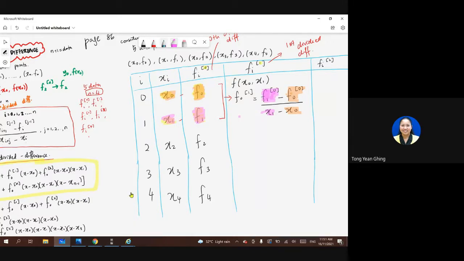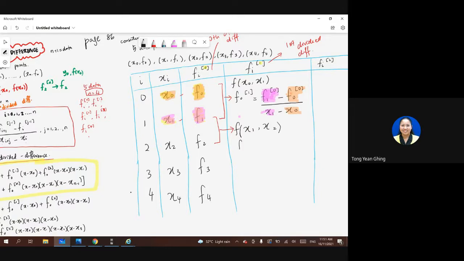Okay, untuk seterusnya, so we'll consider these two. So these two, that means f1. So this one f1, saya buat macam atas. So we consider x1 and x2.